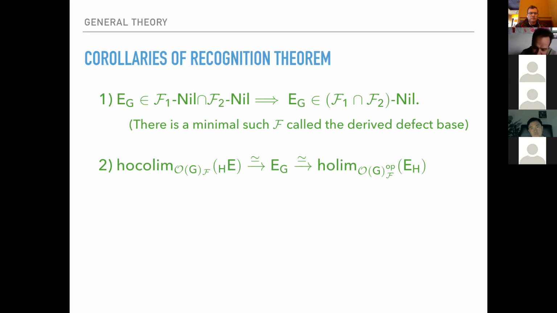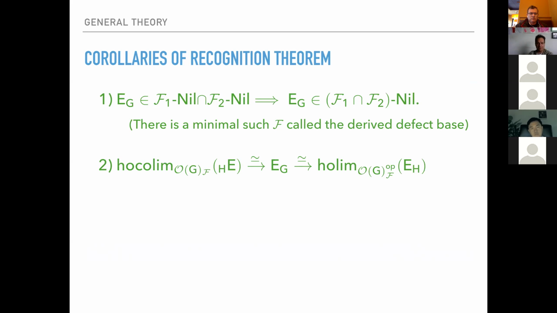Not only do you get the equivalence to this homotopy limit, but you also have an equivalence from a homotopy colimit, since EG ends up being both a sheaf and a cosheaf for these orbit categories.